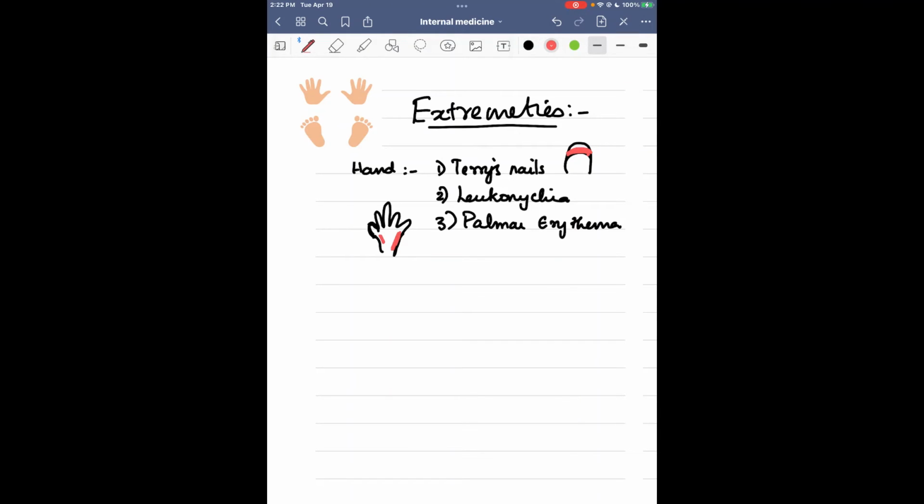The hypothenar eminence is the most common one, then the thenar eminence, and usually the center area is spared. Please excuse my drawing.